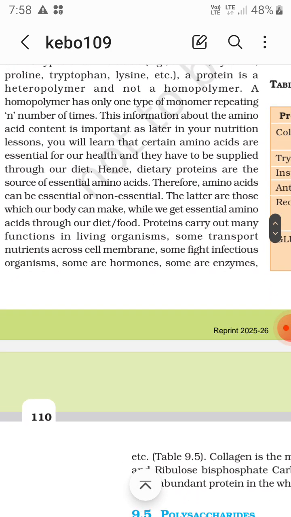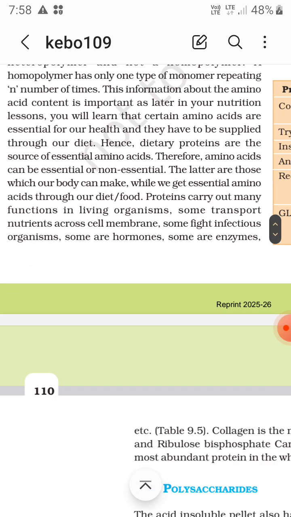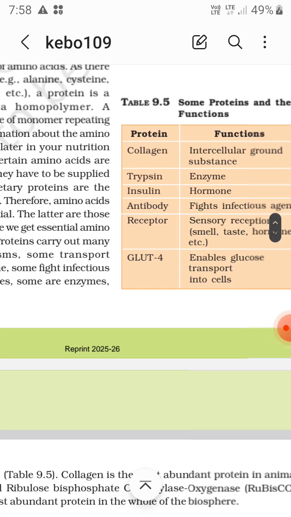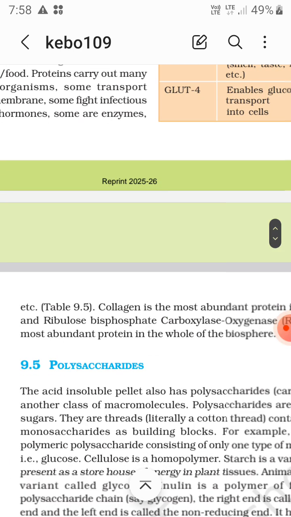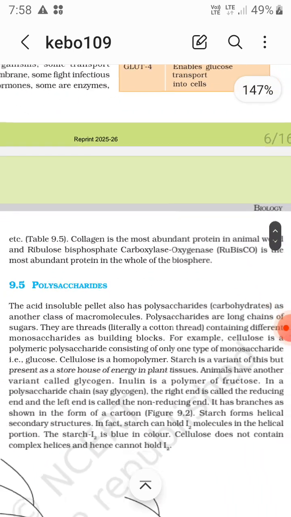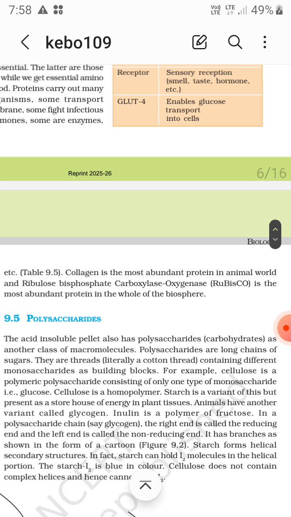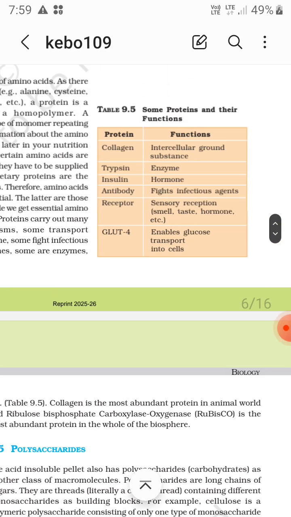Some transport nutrients across cell membranes, some fight infectious organisms, some are hormones, and some are enzymes. Collagen is the most abundant protein in the animal world, and ribulose bisphosphate carboxylase oxygenase is the most abundant protein in the whole of the biosphere.